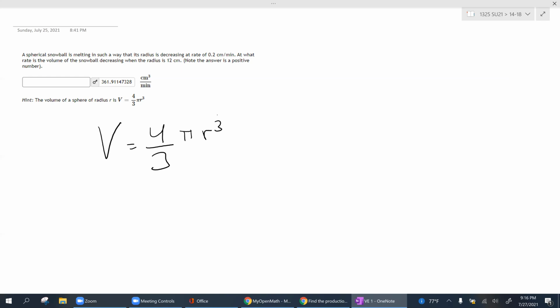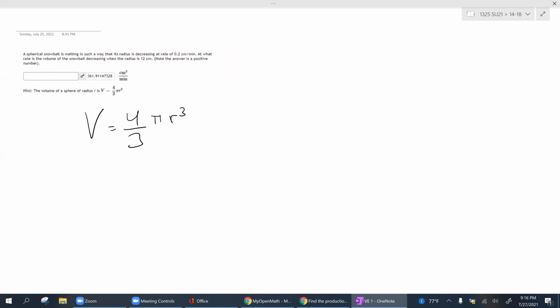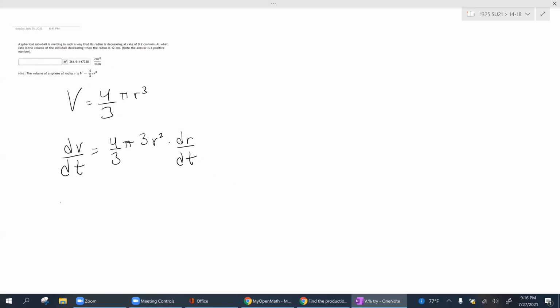So the derivative of V is just 1 times dV over dt, which is equal to 4/3 pi, the derivative of r cubed, this is 3r squared, times dr over dt. Polishing this up, I get dV over dt, the derivative of V over time, is equal to 4 pi r squared, the change of r over time.